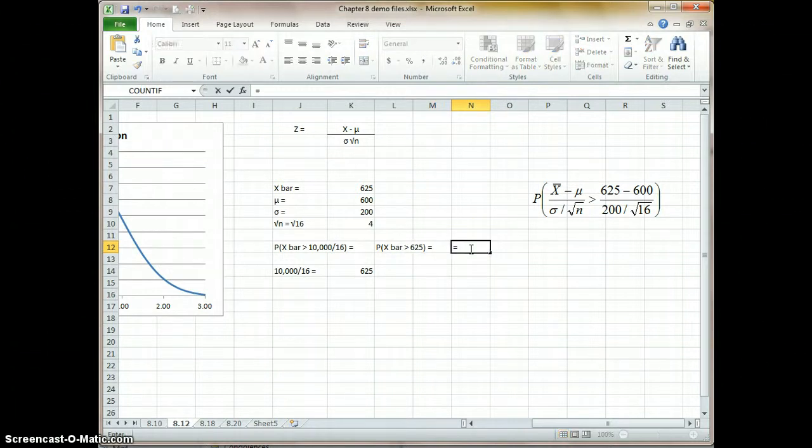Since I have all the numbers over here in column J and K, so 625 or K7 minus K8, the mu, and then we're dividing that by the standard deviation.